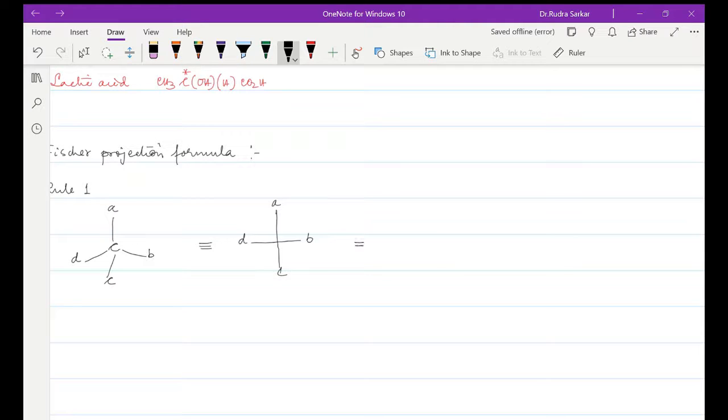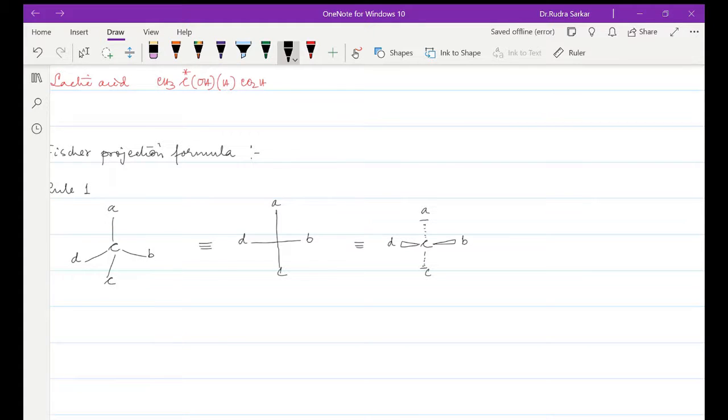So another way of showing this will be using a flying wedge representation, in which we can say that this is the carbon and these thick bonds, okay, mean they are looking towards you or facing towards you, projecting out of this paper that I'm writing on, and the dashed lines are indicating they're lying back or behind the plane of this paper.